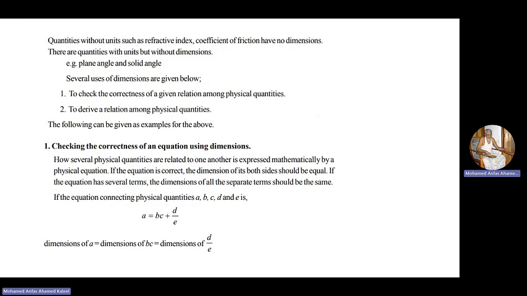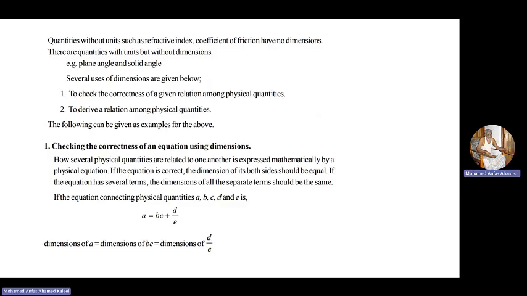How several physical quantities are related to one another is expressed mathematically by a physical equation. If the equation is correct, the dimensions of both sides should be equal.